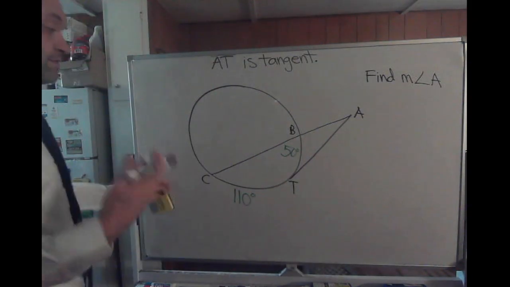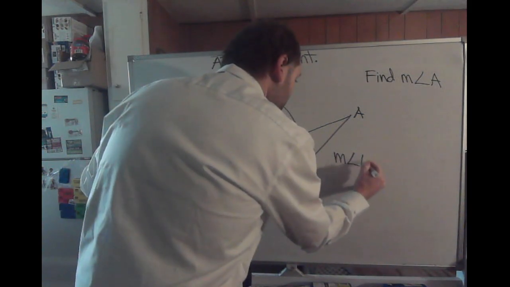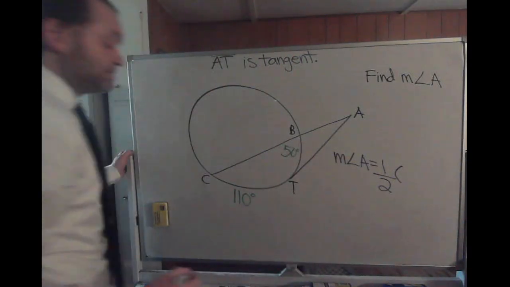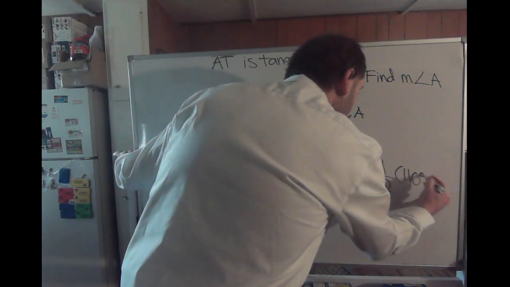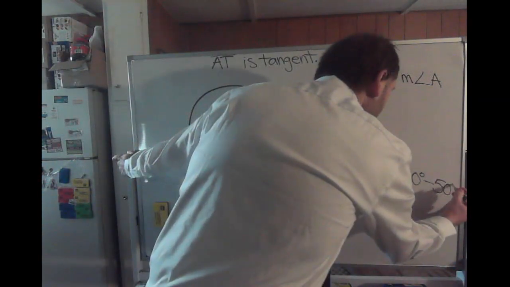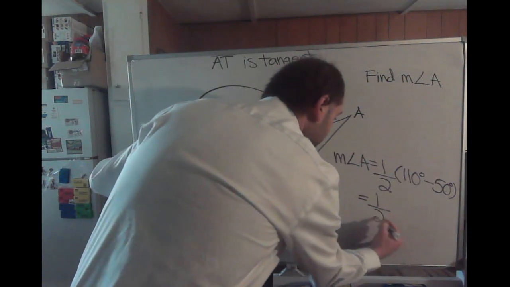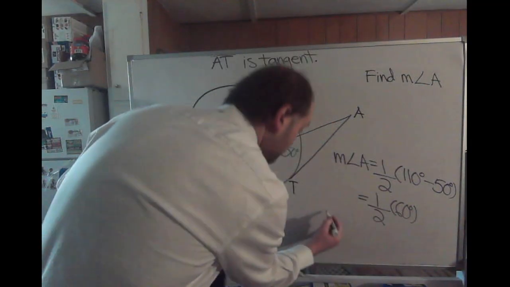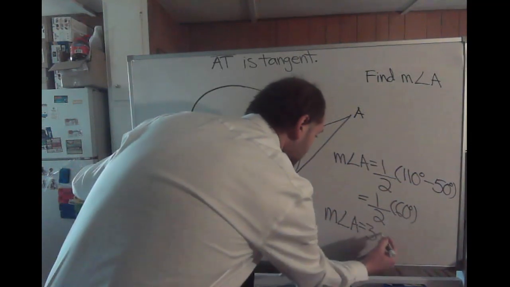Well, to find the measure of angle A, that's going to be equal to half the difference of the intercepted arcs, which the bigger arc is 110 degrees, then minus the smaller arc, which is 50 degrees, which would ultimately end up being half of 60 degrees, which could only mean then that the measure of angle A would be 30 degrees.